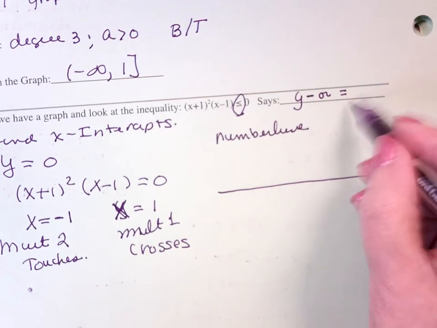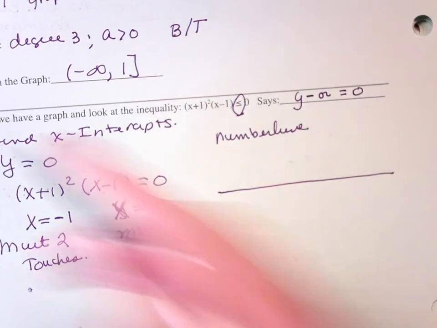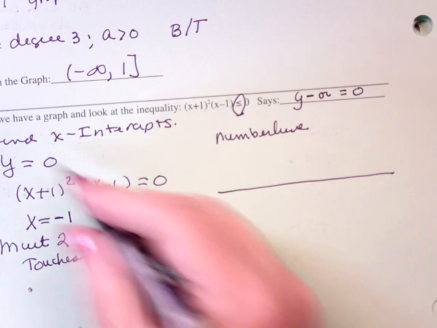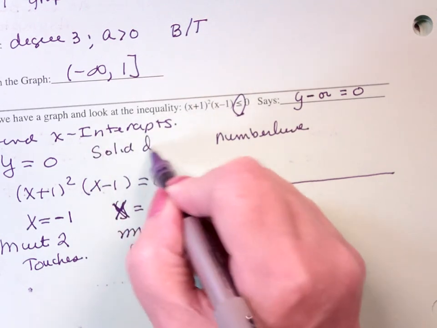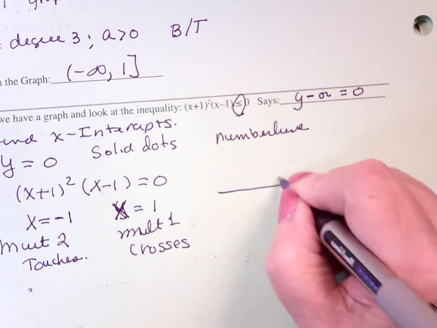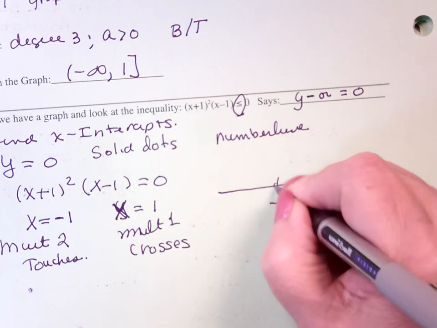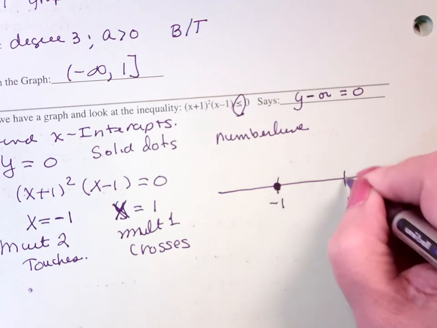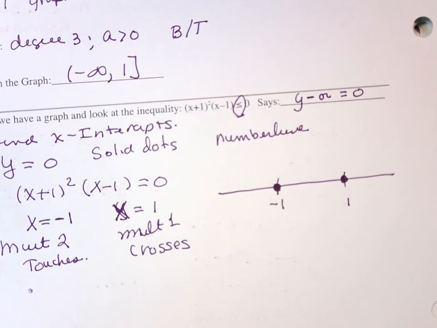Since it's equal to 0, it includes the x-intercepts, so I get solid dots, which means they include. So at negative 1 and 1 are my x-intercepts. It includes negative 1 and it includes 1. That means square brackets.